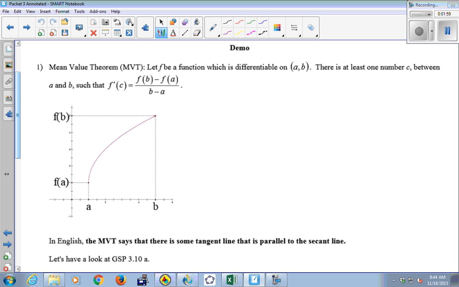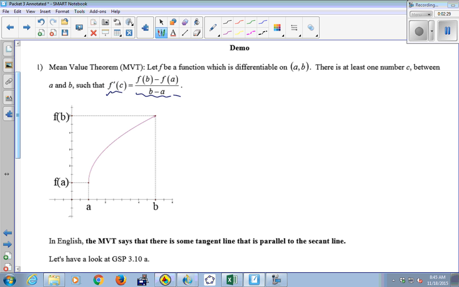So if we think about what those quantities represent graphically, it's a much easier theorem to remember. f prime of c represents the slope of a tangent line at x equals c, right? What does f of b minus f of a over b minus a represent? It's definitely a slope because that's a change in y over change in x.